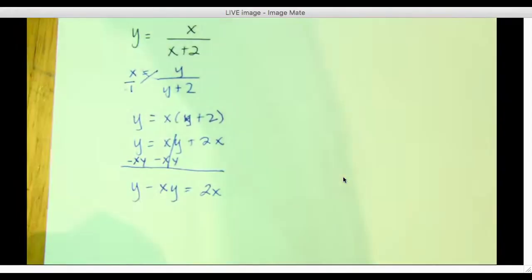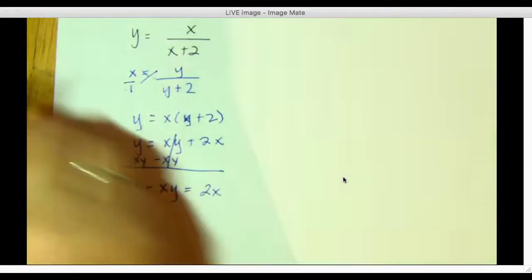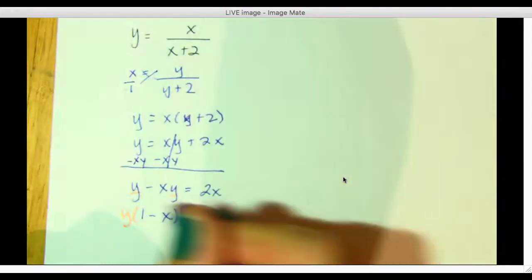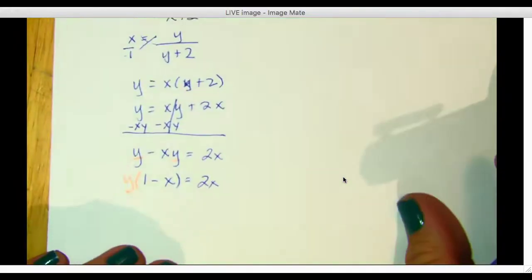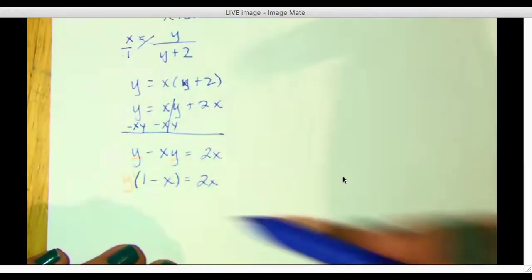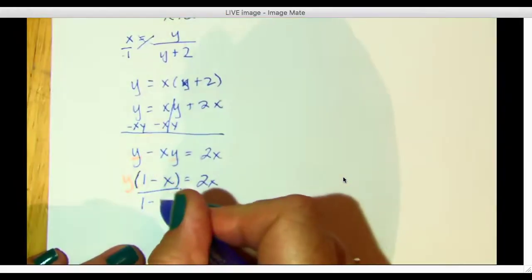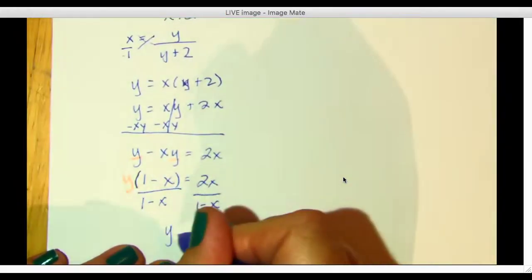And I notice that these two terms have a common factor of y. So I'm going to pull that out, and I'm left with 1 minus x. Well, now I just have one y. That's what I'm solving for here. I want to get it by itself. So if I divide both sides by 1 minus x, y is by itself now.